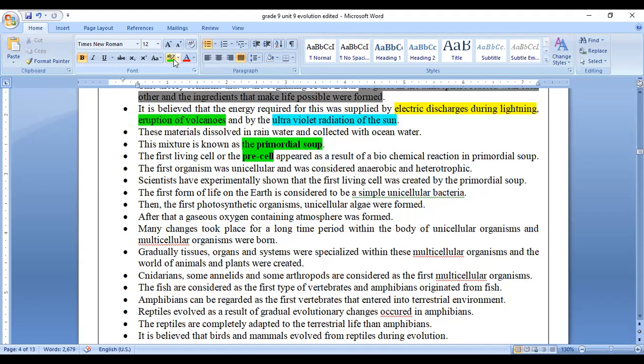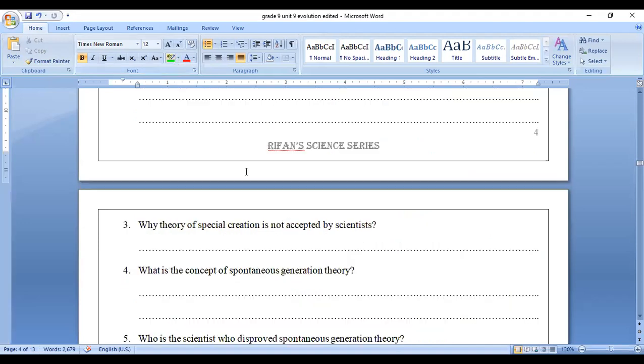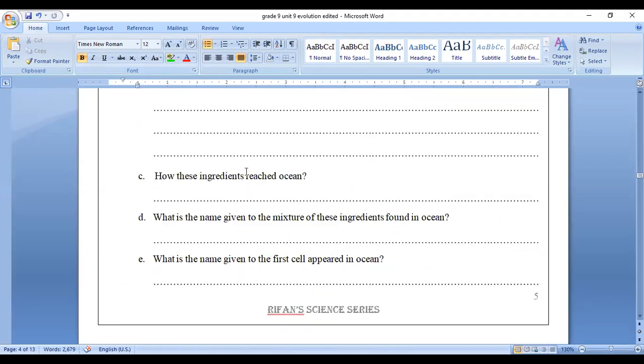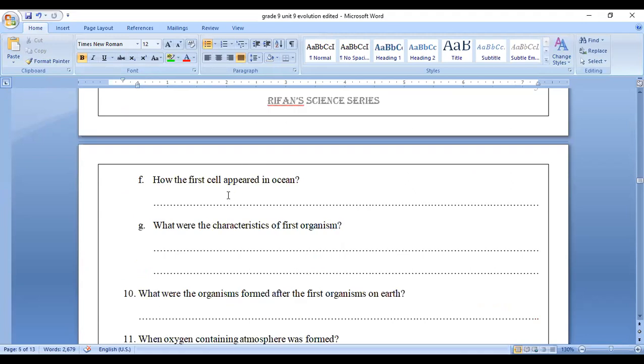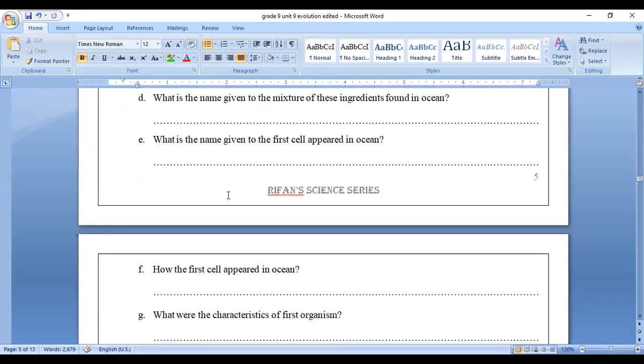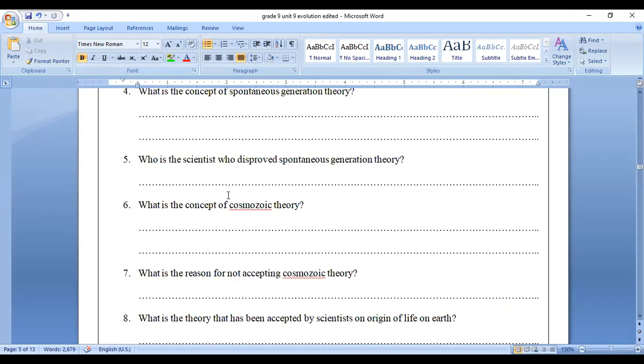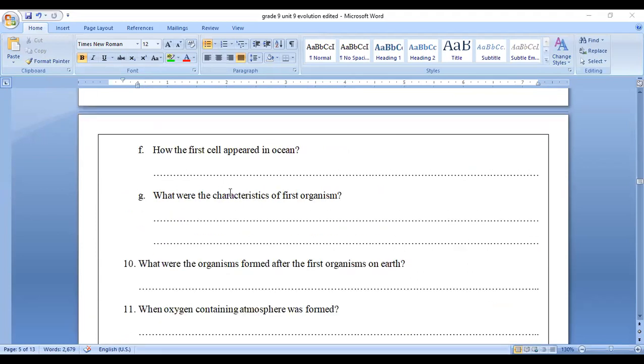Keep it in mind. It is called pre-cell. And thereafter, the first cell appeared in the ocean due to chemical reactions in the primordial soup.